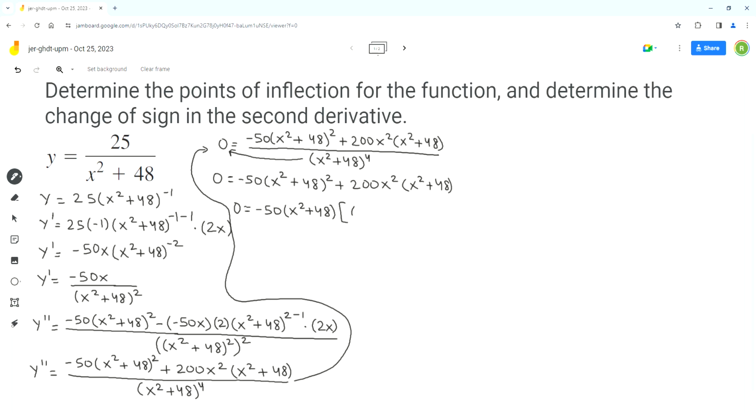In the first term, we are left with x squared plus 48. And in the second term, we are left with minus 4x squared. Now we can simplify the terms in the second part by combining like terms.